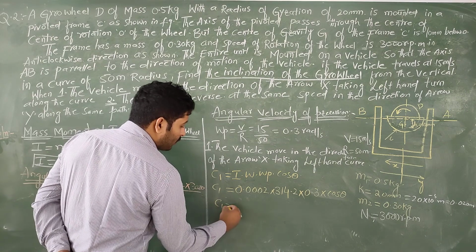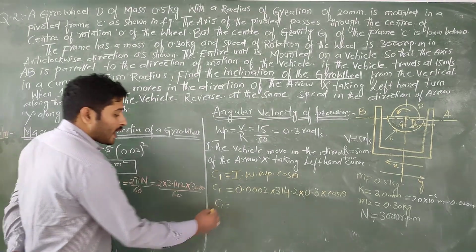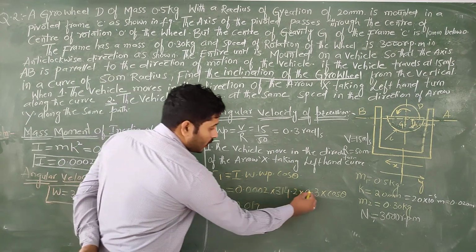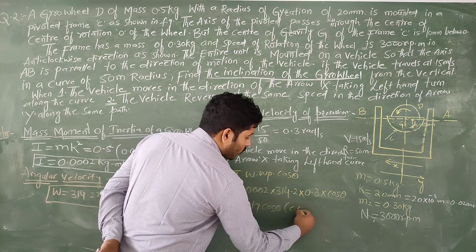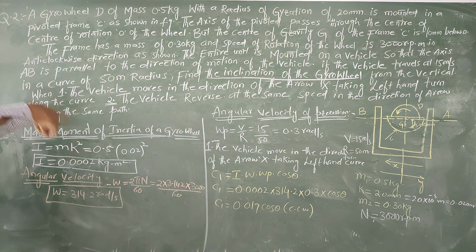If you multiply with the help of a calculator, you will get the answer 0.019 into cos theta. In which direction are they rotating here? They are rotating in counterclockwise direction. After that, we need to find out the centrifugal couple.